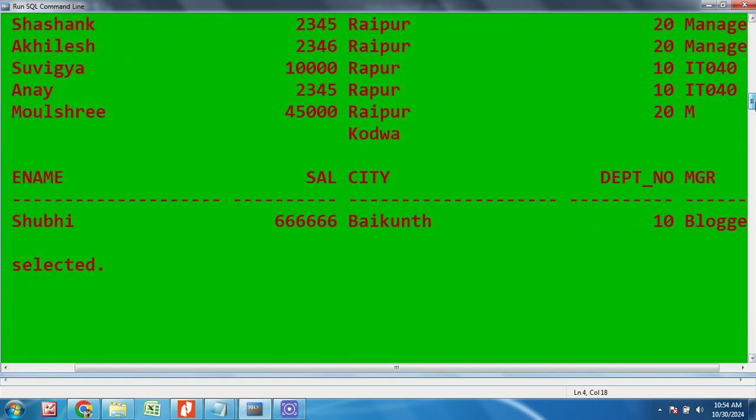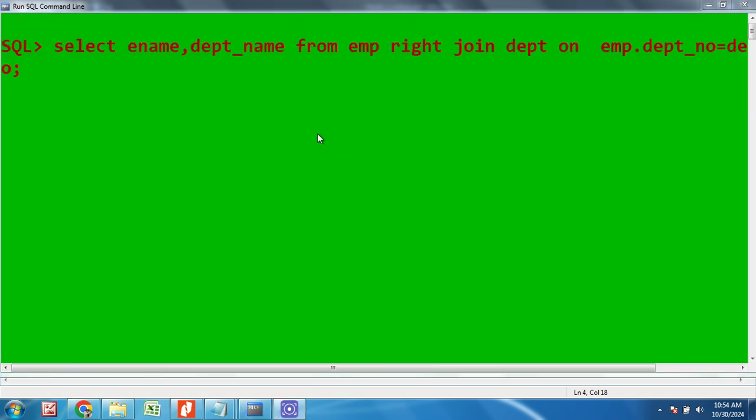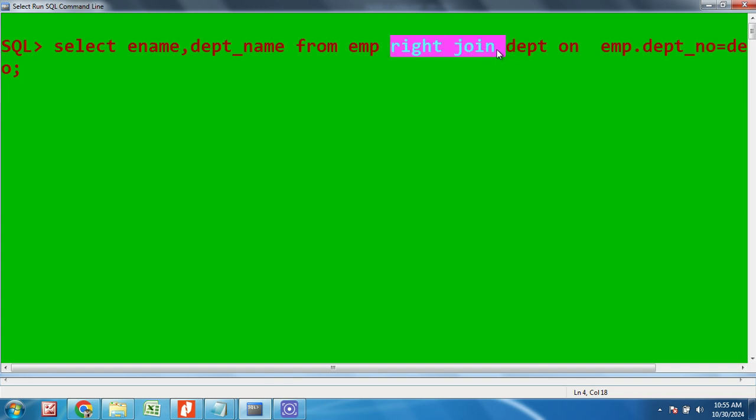Another syntax for writing the same right outer join is: select ename, DEPT name from EMP right join DEPT on. Here we can see the syntax right join.